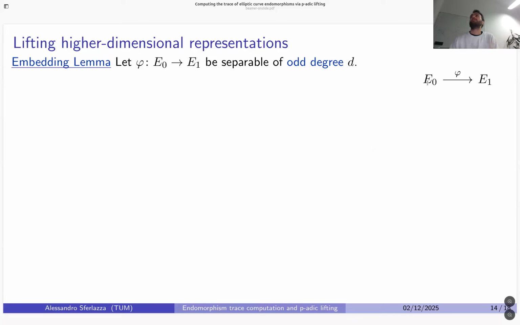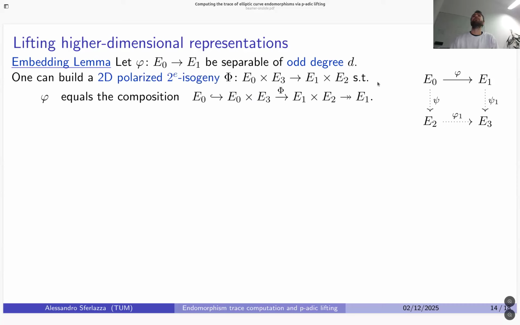So let's say we've got a separable isogeny of odd degree, some φ from E0 to E1. And now a very short summary of the last 3 years of isogeny-based crypto will be that we can embed this one-dimensional isogeny into something two-dimensional. That is, this one-dimensional isogeny fits in a commutative square.